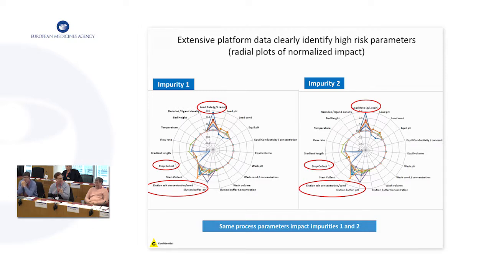I realized I made a mistake when preparing the slides, that I put the same plot twice, but they're very similar outputs, and it makes sense because it's the same mechanism of action: charge-based separation, differential absorption, pool cutting. The same process parameters had a major effect: the amount of product loaded, the elution conditions, and the stop collect where we're excluding impurities.